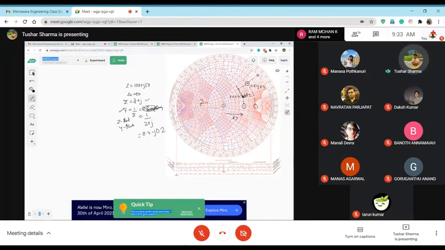Or if you look at the Z circle, this is nothing but 2 plus j. Both will be the same. Both should be the same. If they are not the same, it means you screwed it up. So this is j, and then this part is 2. So in terms of Z, this is 2 plus j. Is this clear or should I repeat? Please tell me now.